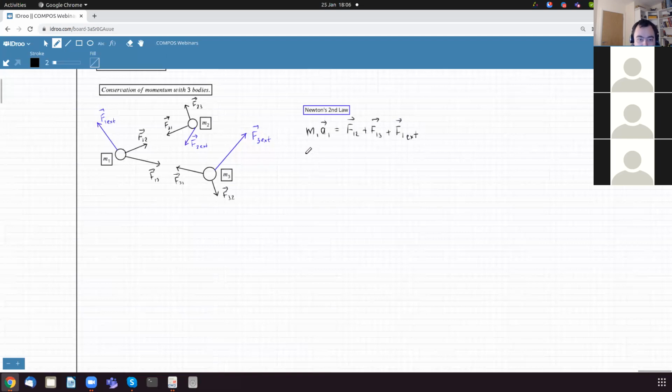For the second object, M2 A2 is equal to the sum of the forces acting on the second object, which is F21 plus F23, sorry, plus F2 external.